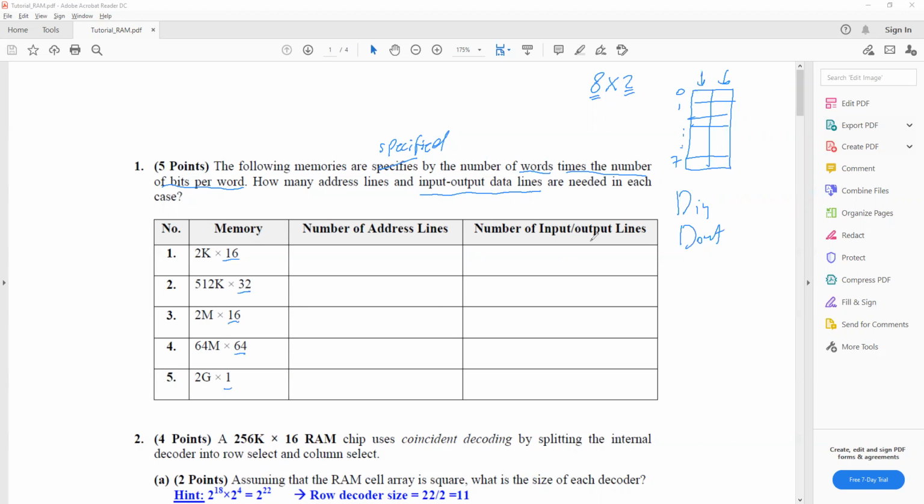That's going to be the size of your DIN and DOUT line. So this will be 16, that's 32-bit, 16-bit, 64-bit, and 1-bit.